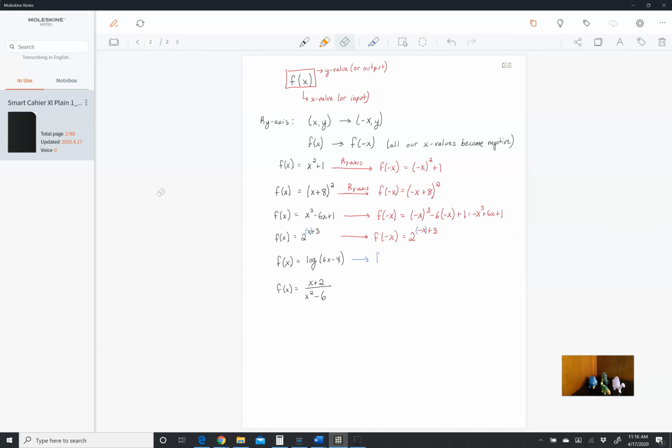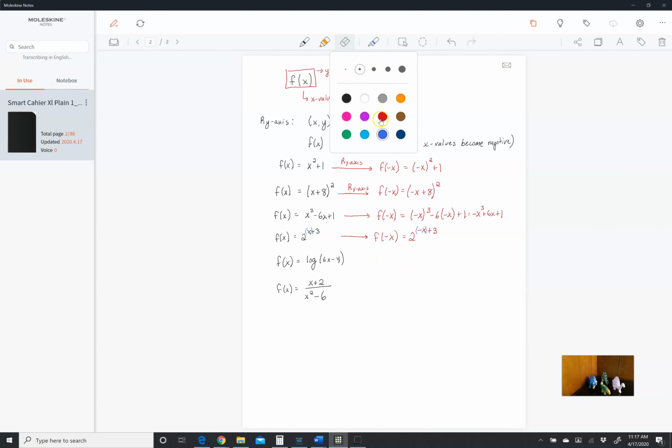Here, our f of negative x is log. And then we have 6, and we need the parentheses here because otherwise it's going to look like 6 minus x, right? And again, I just want to be consistent with the colors.